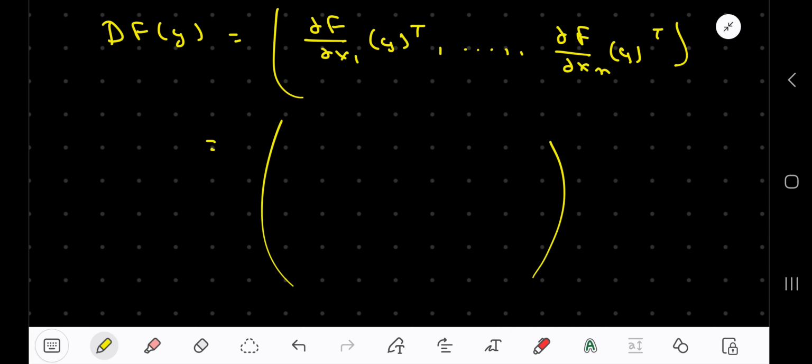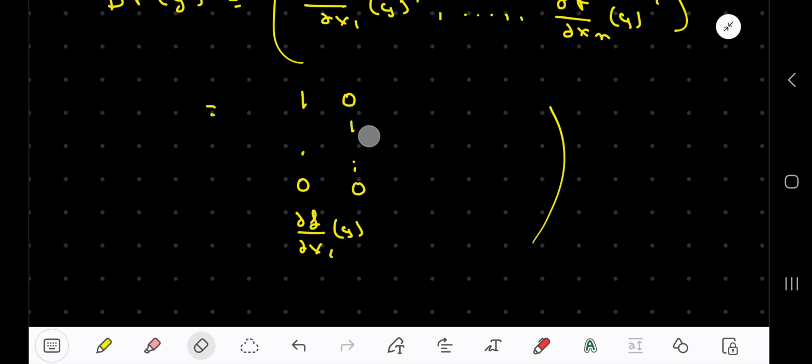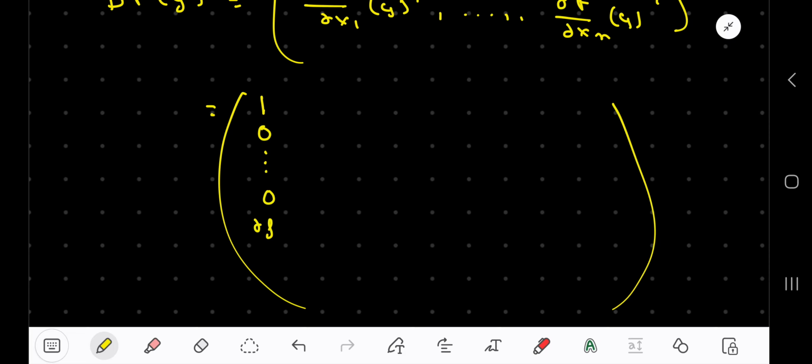Now you can clearly observe that when we are partially differentiating with respect to x1, the derivative of the first component will come out to be 1 because it is just x1, and the nth component will be the partial derivative of f with respect to x1 at y, and all the other components are 0. Let me draw it a bit bigger. Fine.